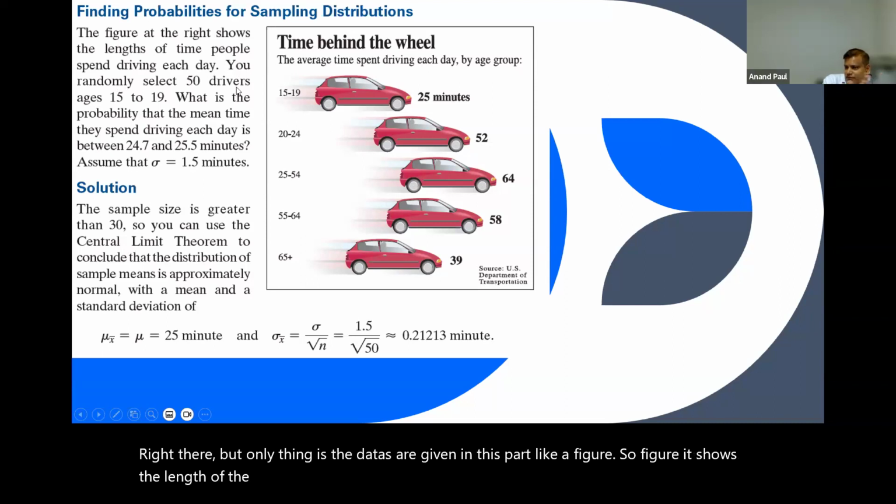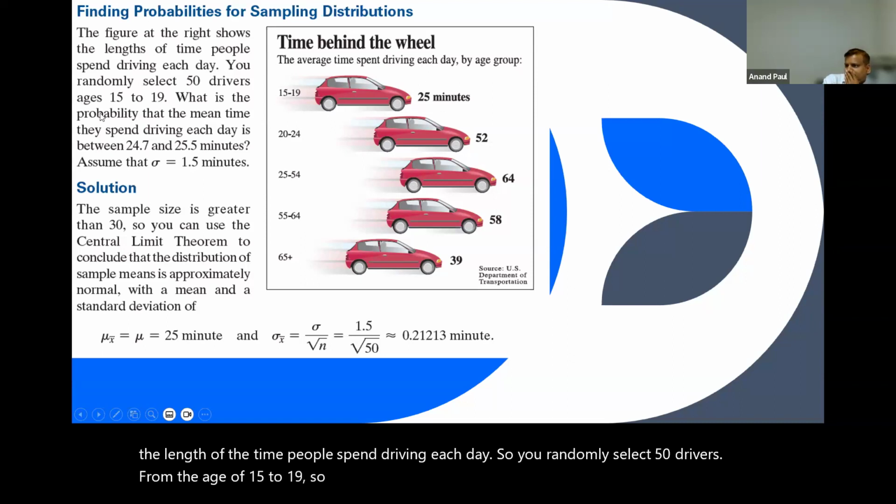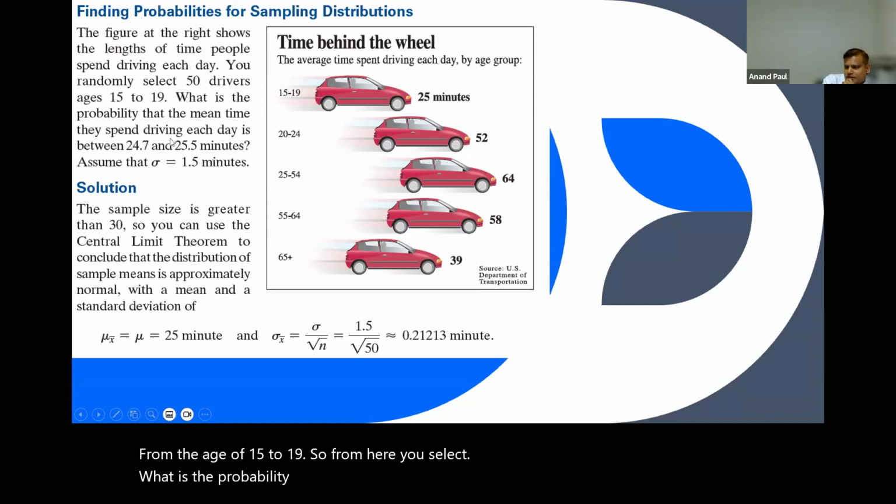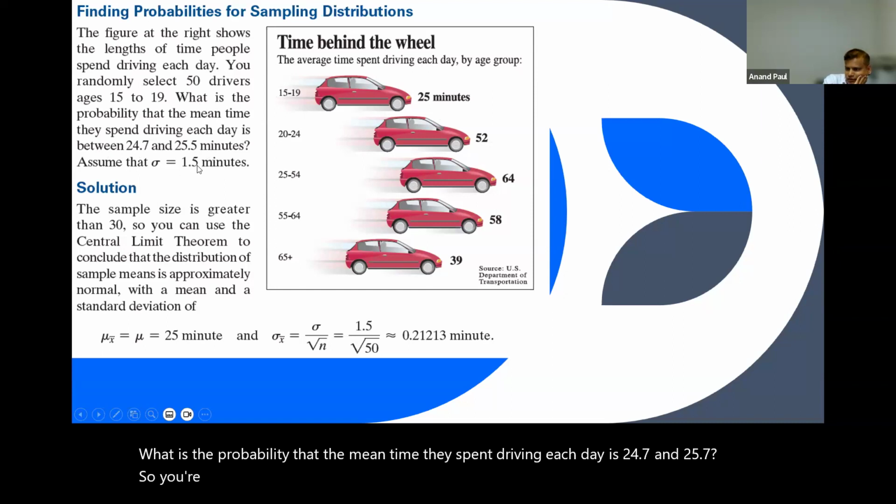You randomly select 50 drivers from the age of 15 to 19. What is the probability that the mean time they spend driving each day is between 24.7 and 25.7? You're assuming that sigma is 1.5.